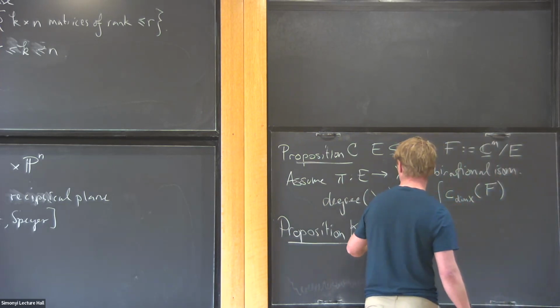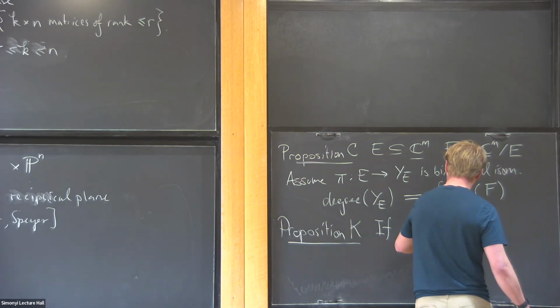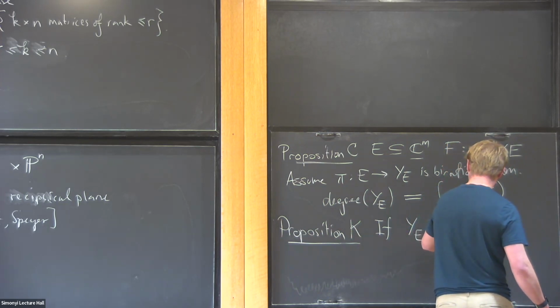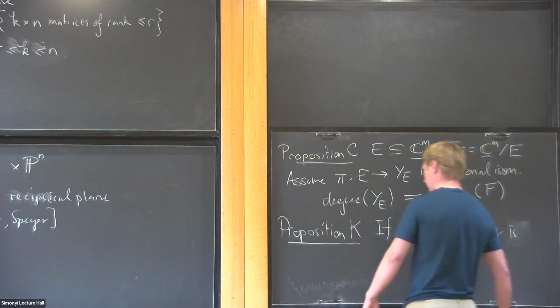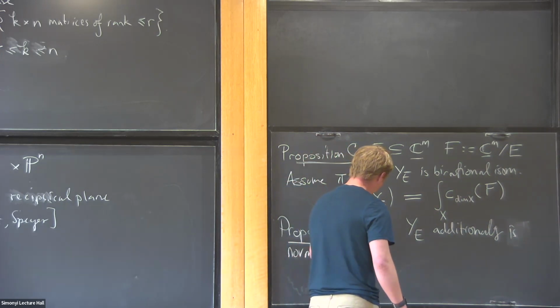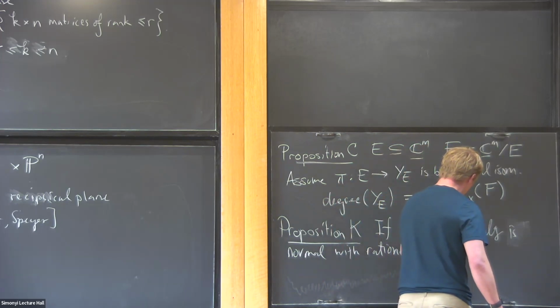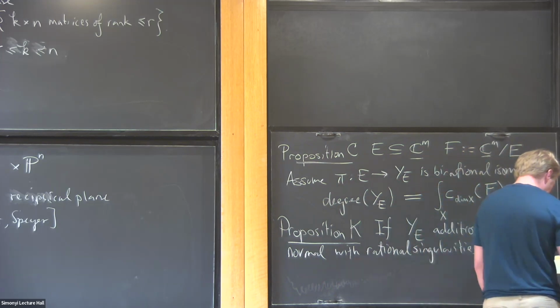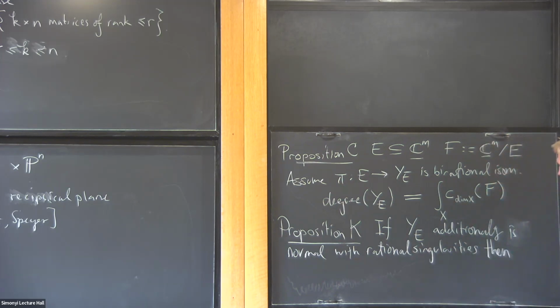And so it says if Y additionally, well, I guess is normal with rational singularities, then you can write down a formula for the K polynomial of what this variety is.